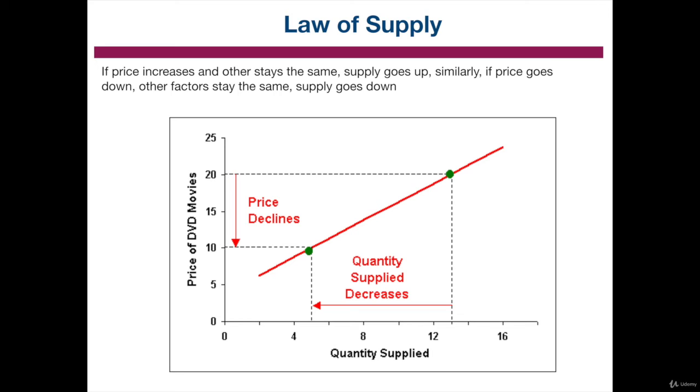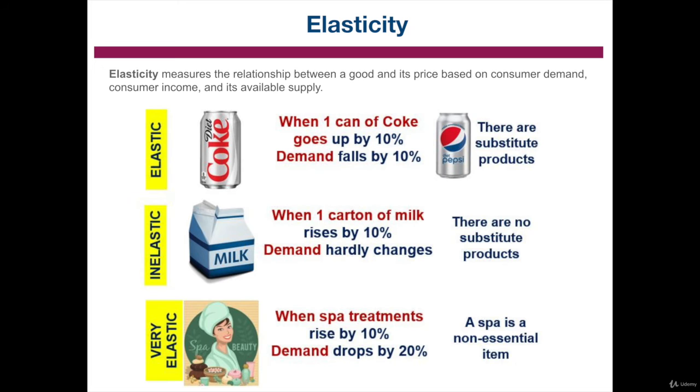Let's have a look at another term called elasticity. Elasticity is the measurement of the relationship between a product and its price based on consumer demand, taking other factors into account in determining changes in consumer demand. When a product is price elastic, that means changes in price will impact the demand.